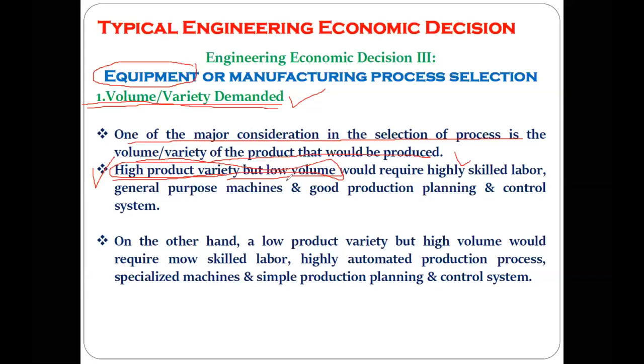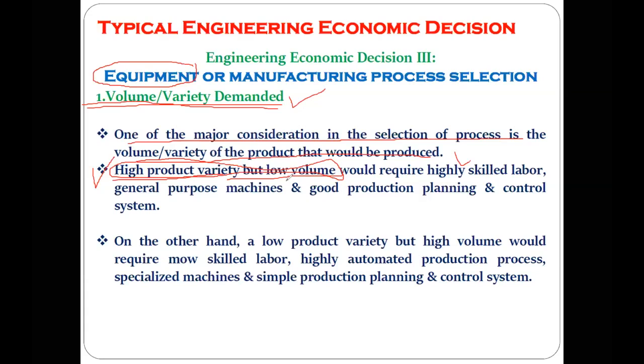The demand for your company from the customer is what? The customer needs a variety of products but low volume. Means the customer needs a variety of products to be generated, but the quantity of the product should be low, it should not be high. Then what kind of machinery will you choose?